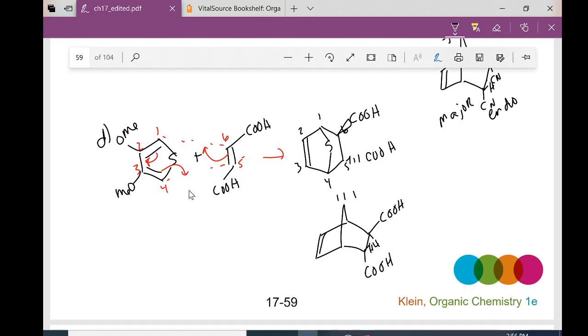That's because they're trans to each other. So we don't have endo and exo preference here. We just have the possibility for enantiomers where this carboxylic acid group could be mirrored in the enantiomer, and this one would be mirrored going down in the enantiomer.